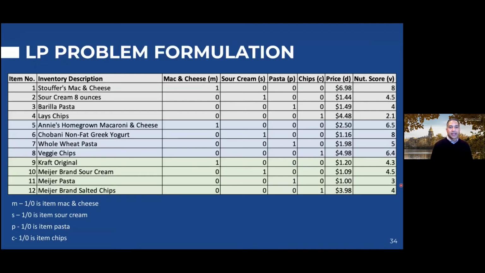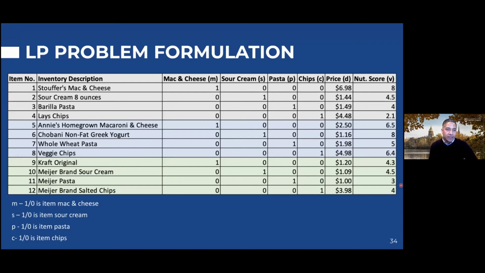I'm not going to spend much time on this, but we're currently working on a linear programming formulation of this optimization problem, where we have generic items like mac and cheese and sour cream and pasta and so on, and we have specific products that you can see along the left that fall into those categories.